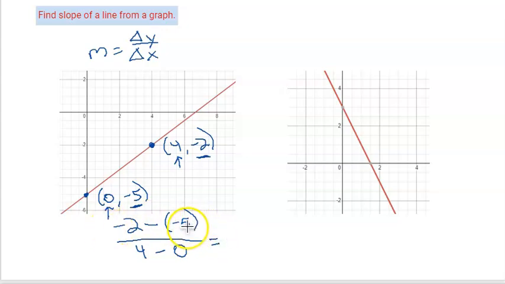If you're someone that makes sign errors normally, or you struggle with adding and subtracting when there's negatives involved, just use the calculator. You get 3 on top and 4 on the bottom, and that is your slope, or your m.